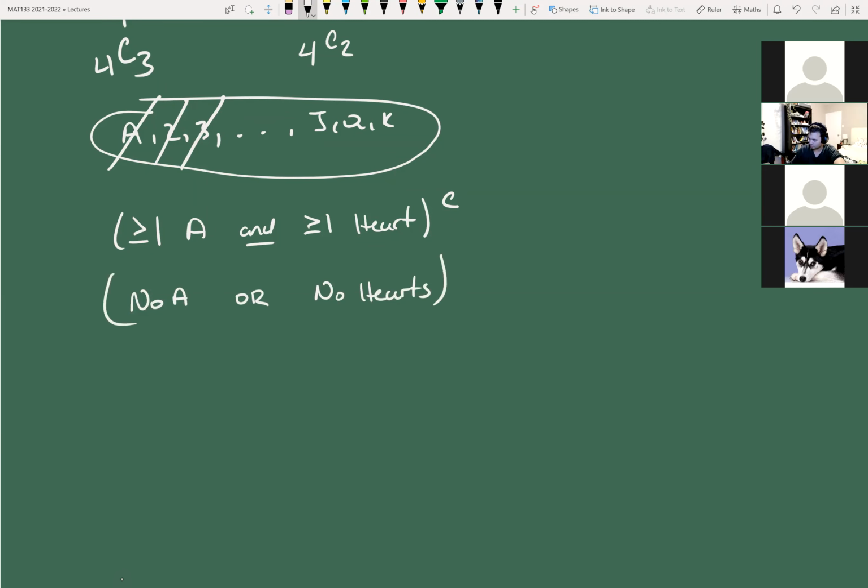Do you agree? So that's the question. Compute this now, right? How many hands have no aces or have no hearts? Does that make it easier? Like a little bit more tractable? You can try and solve this one. No problem.